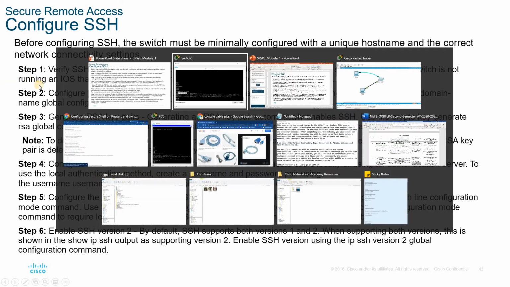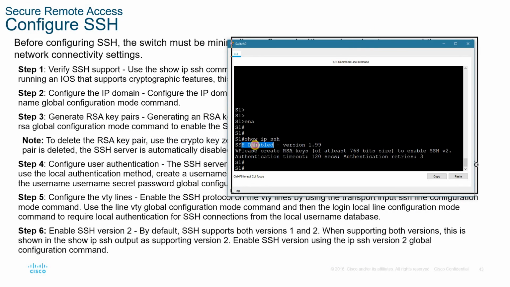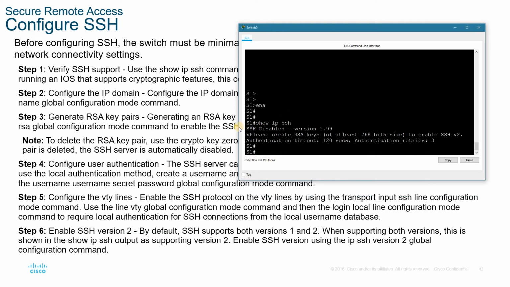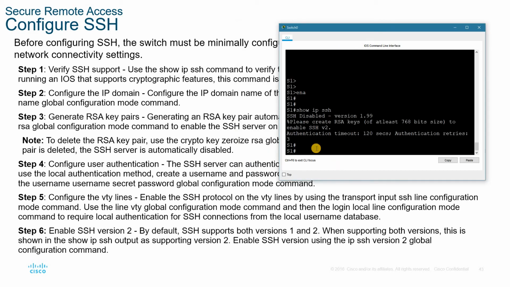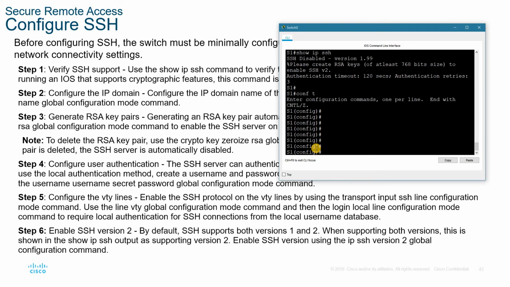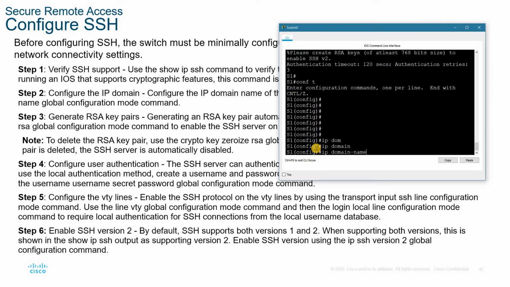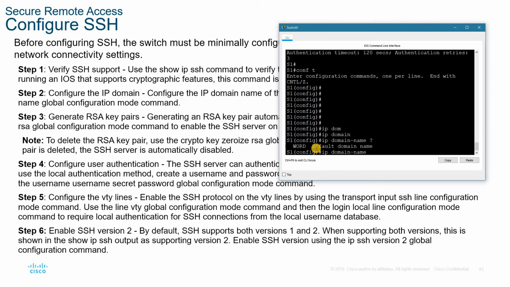So number 2, okay, balik tayo dun sa packet tracer natin. Second step, sabi niya, we're gonna try and configure the IP domain. So punta muna tayo sa global mode. Alright, so to configure the IP domain, all you have to do is to type in ip domain-name, space, and then ano yung magiging value natin dito?